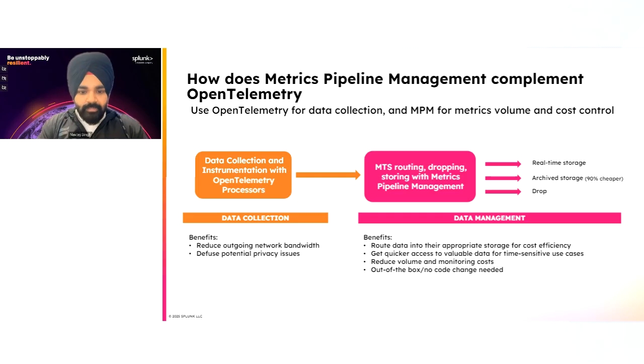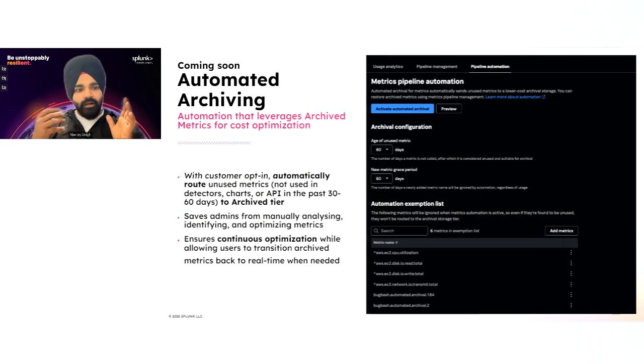Now we are actually developing to drive the point home. We want customers to utilize these capabilities, real-time tier, archival tier, so that it can actually help their data volume. So what we are working on next is automating all the archiving capabilities.